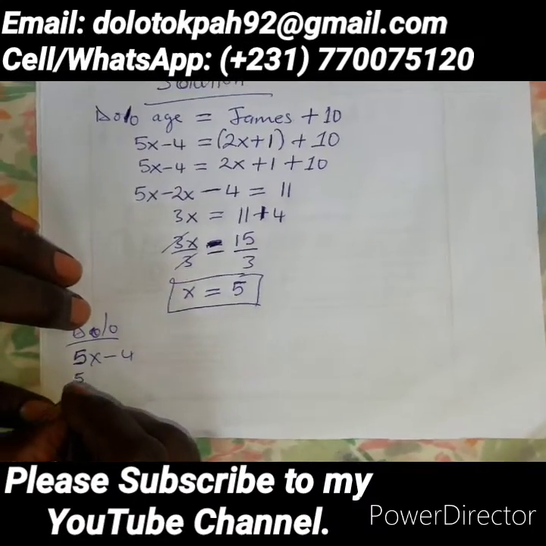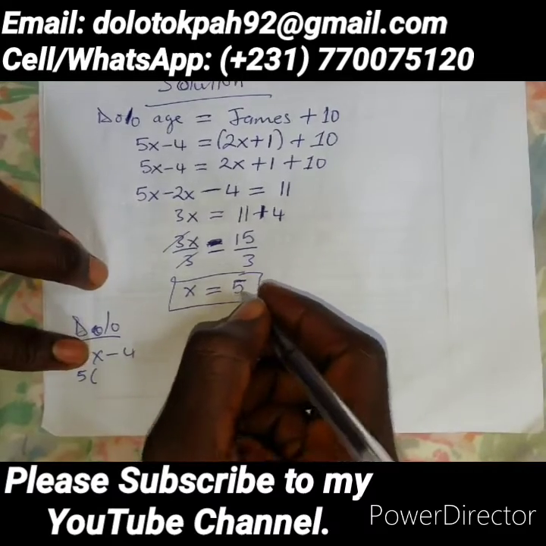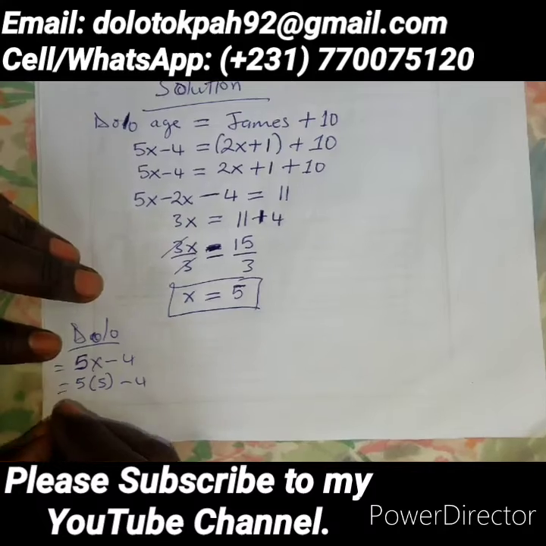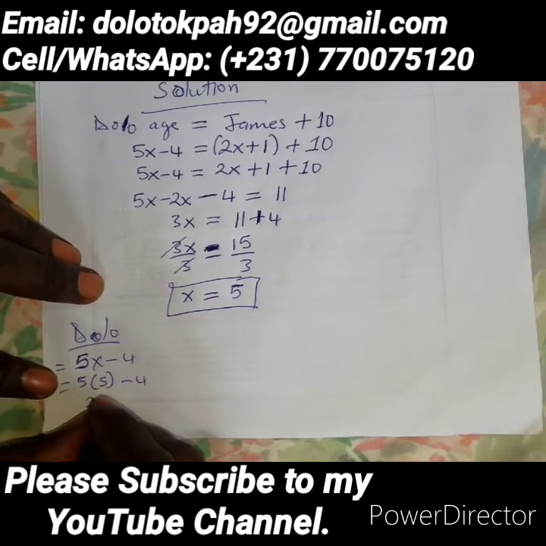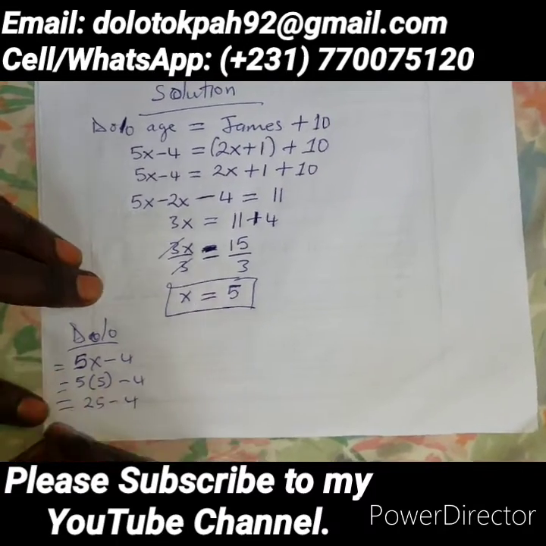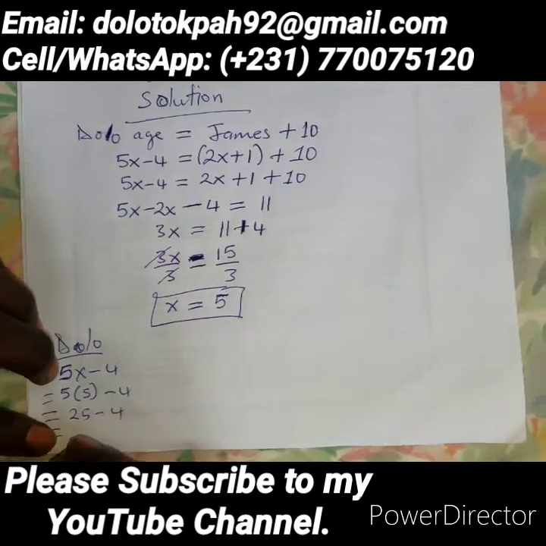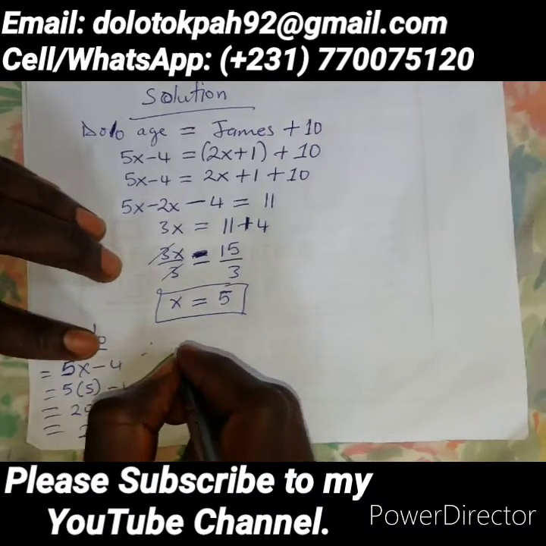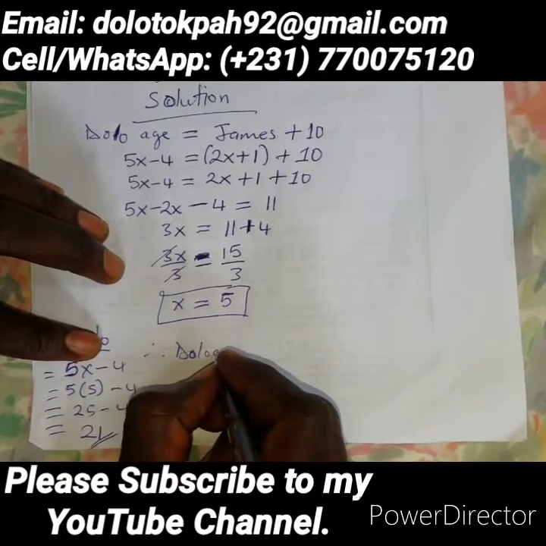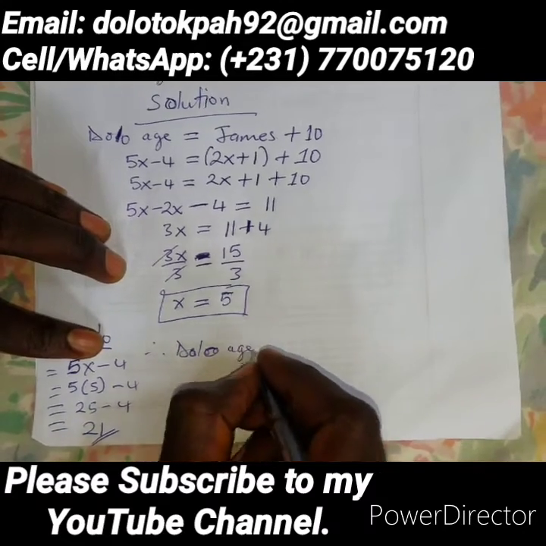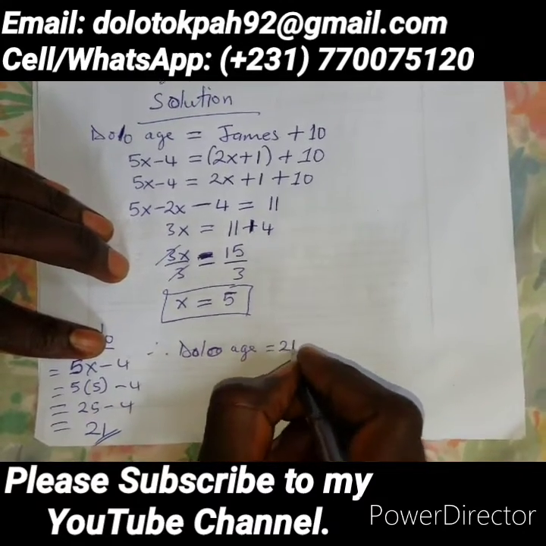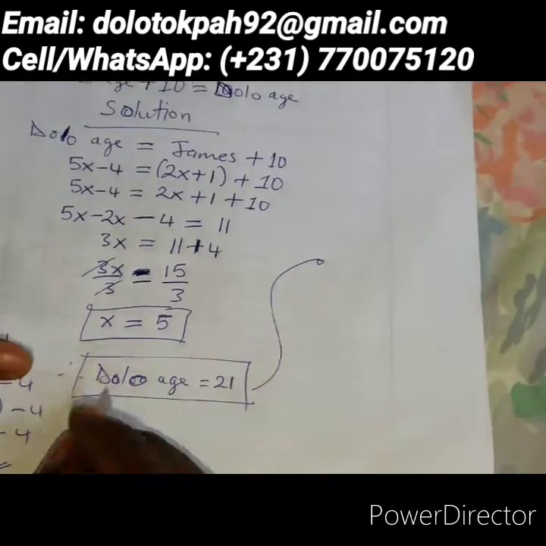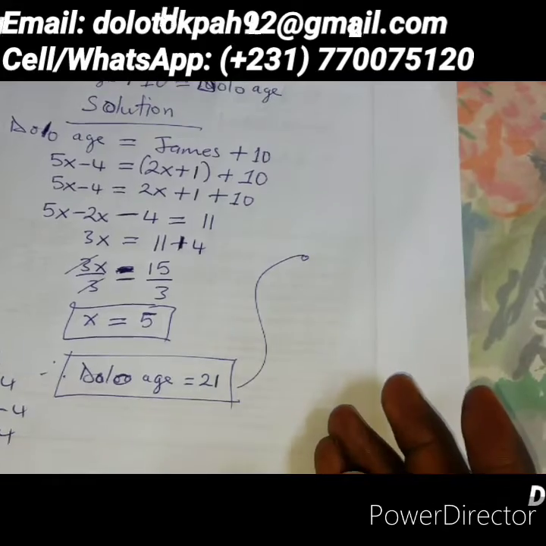So we say 5 times the value of x, which is 5, minus 4. So 5 times 5 is 25, minus 4, and 25 minus 4 gives us 21. So it means therefore Dolo's age is equal to 21. Dolo will be 21 years of age.